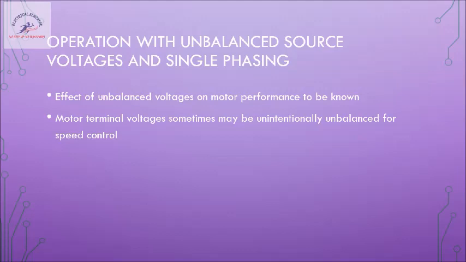To intentionally unbalance it, we should have a very strong control, because we should know the performance first. What happens when we unbalance the source, we should know. Only then can we dare to unbalance it as per our requirement. Without knowing how this unbalance works, it is not recommended to use it.